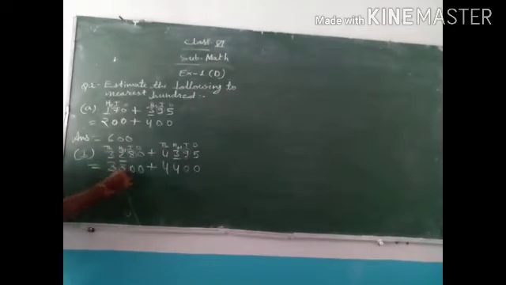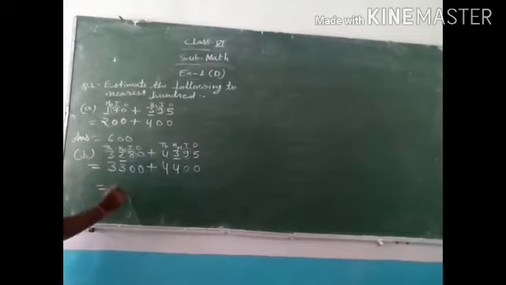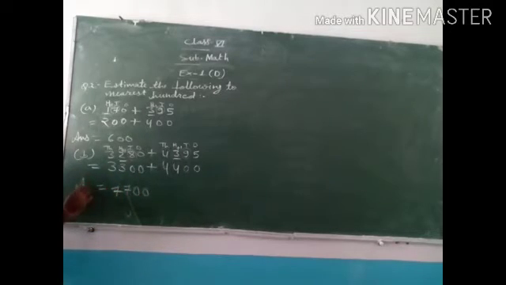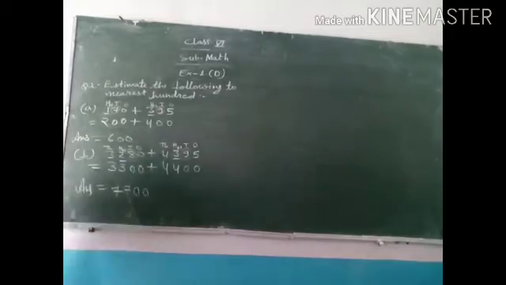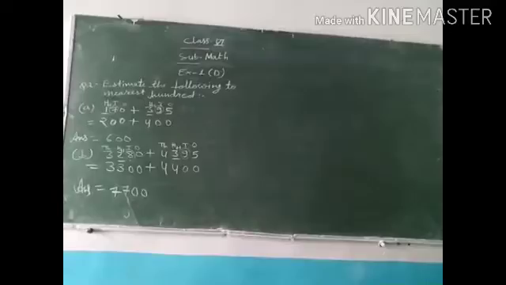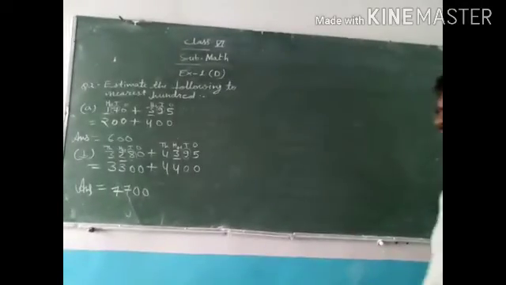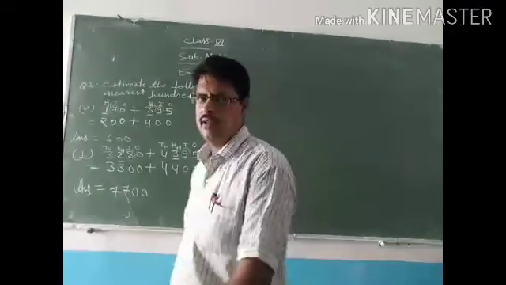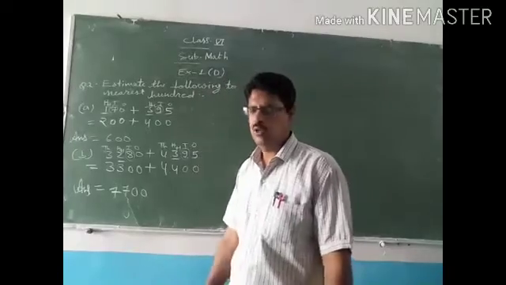So 3300 plus 4400. We have to add them: 0, 0, 4 and 3 is 7, 4 and 3 is 7. 7700 is the answer. Understood everybody? I hope you understood this type of questions nicely now.